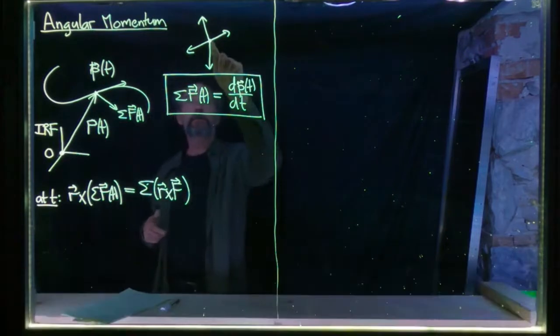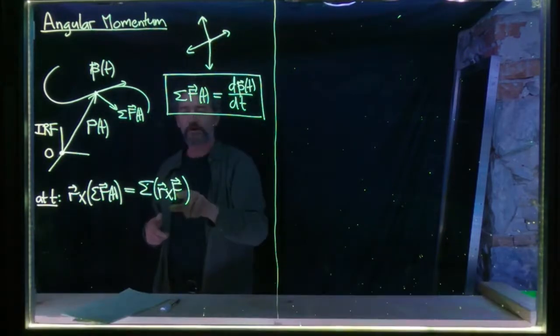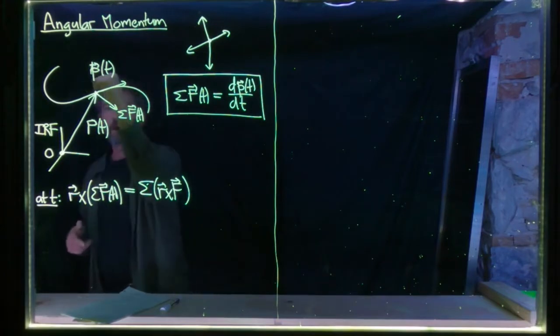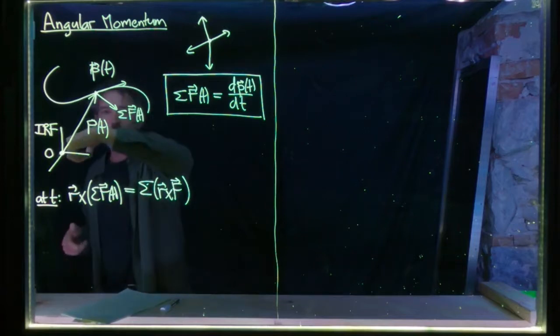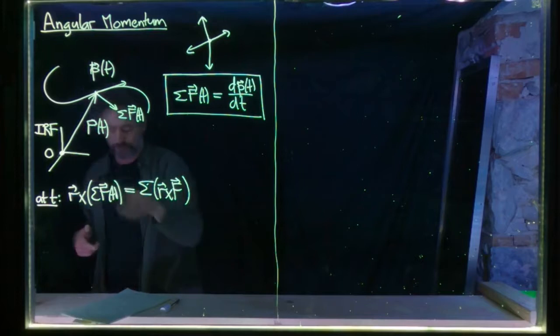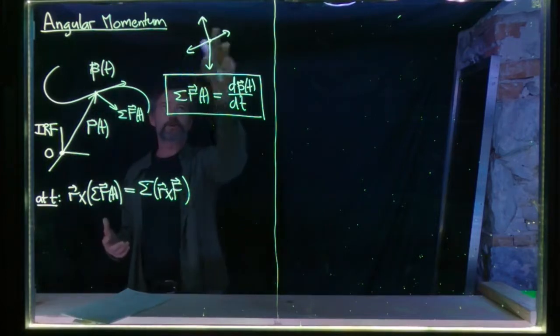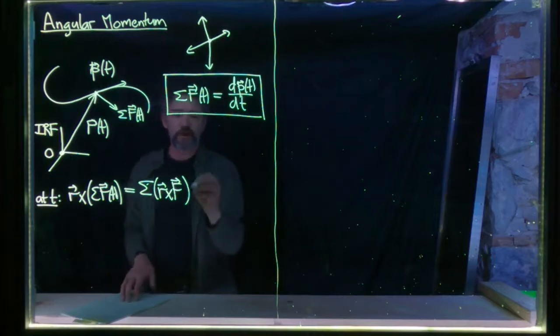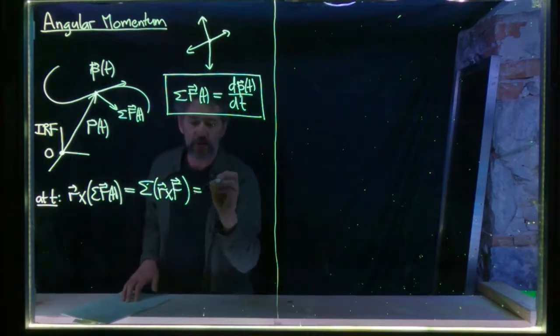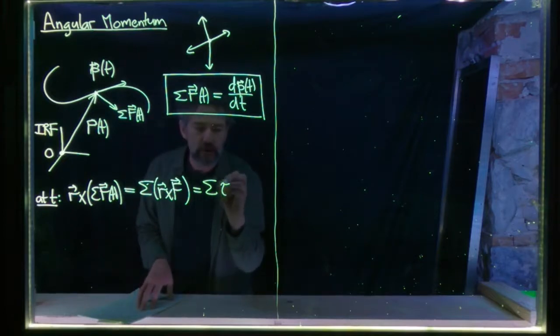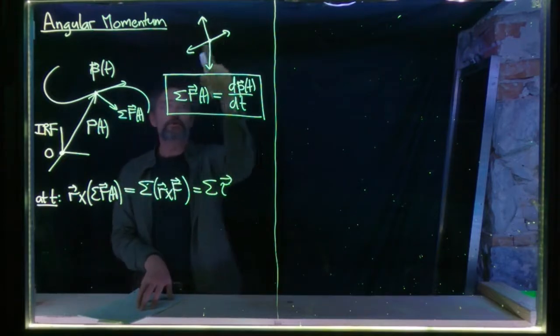Now the lift force. R cross the lift force: the lift force is that way, so r cross F is a vector coming out of the board towards me. It is exerting a counterclockwise torque on the airplane about that point O. So what we see is the sum of r cross F for all those different forces is equal to the sum of all the torques that each of these individual forces exerts.